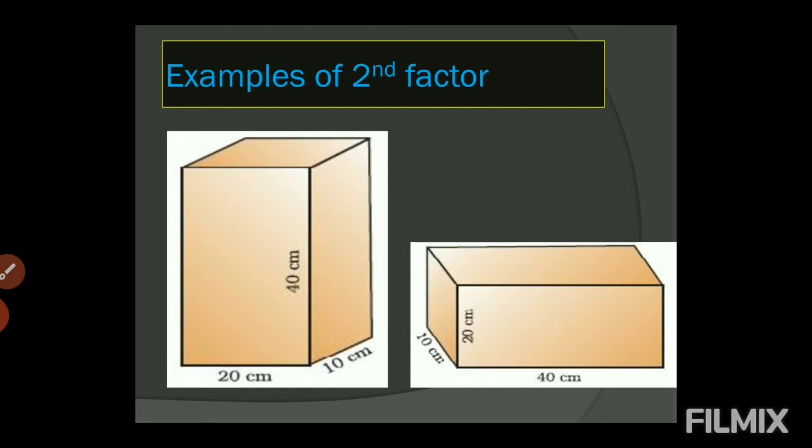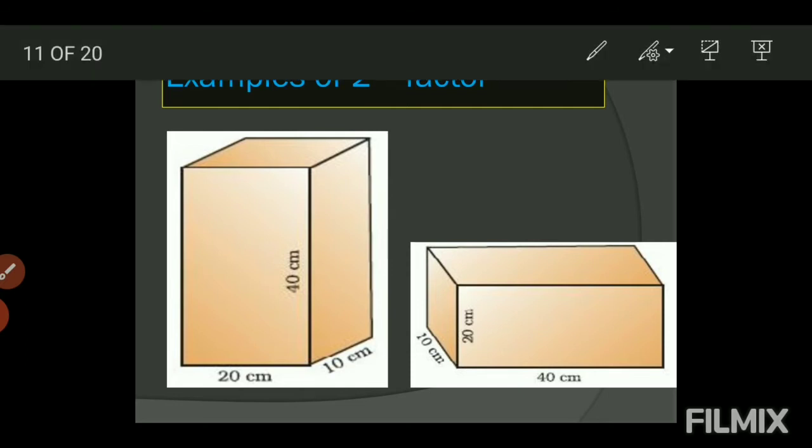See this example. In this example, the same box has been kept in two ways. One, when the breadth is in contact with the ground. Next, when the length is in contact with the ground.